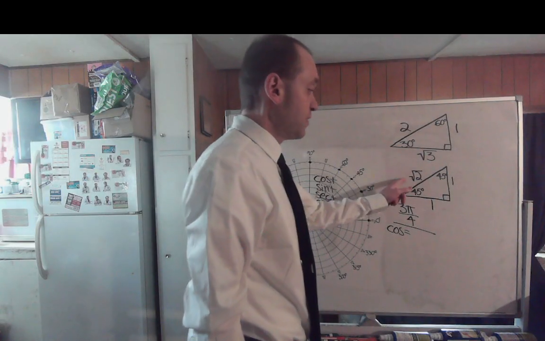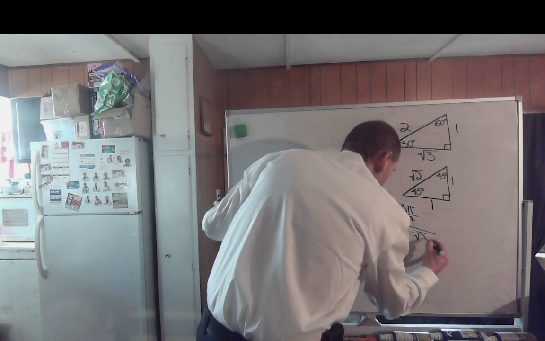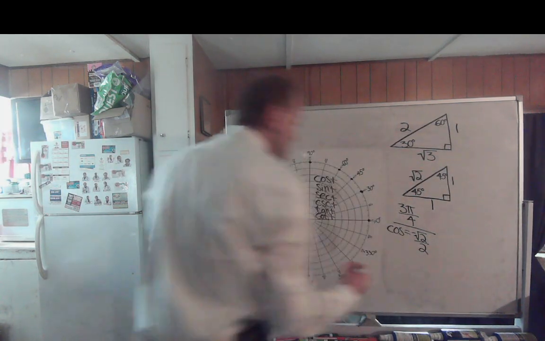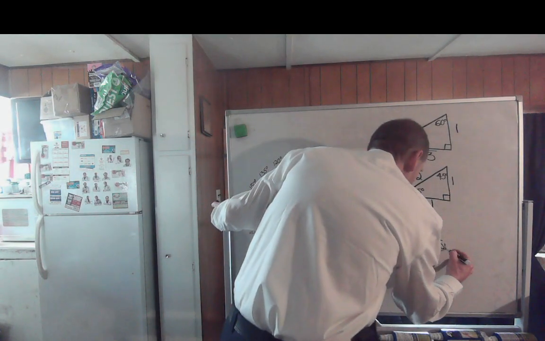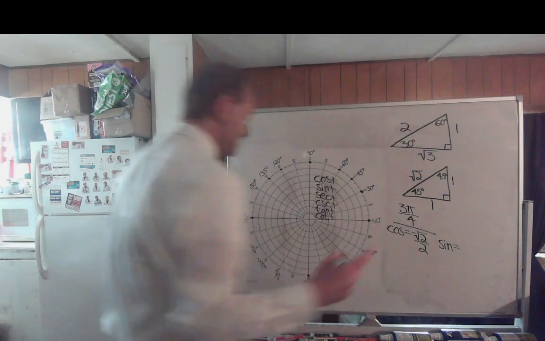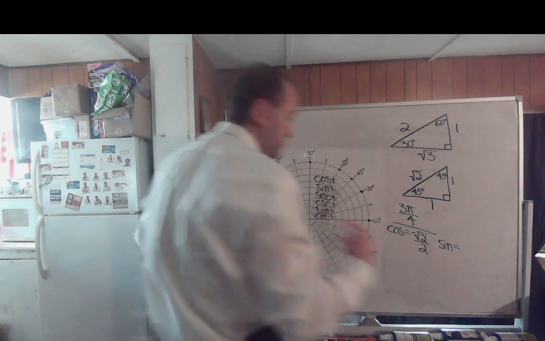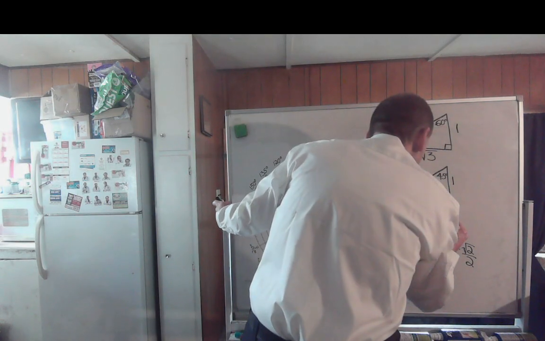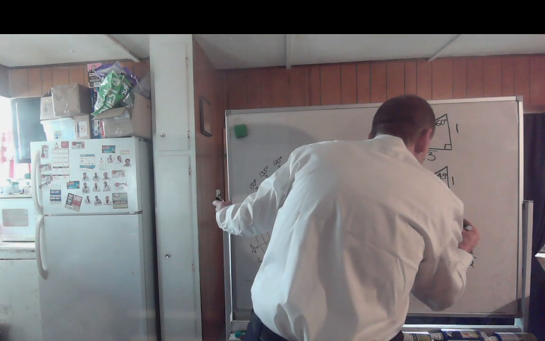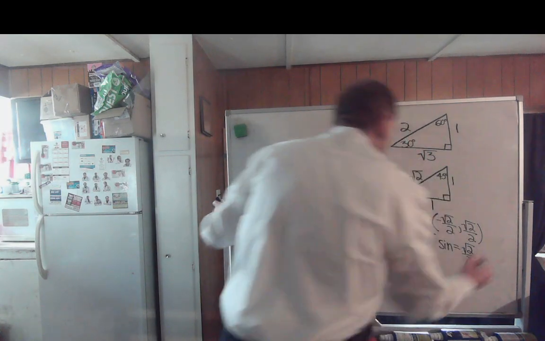So adjacent over hypotenuse, that would end up turning to negative of the square root of 2 over 2. And then, of course, you have the sine, which is your y-coordinate. Well, the sine is positive in the second quadrant, so that would be opposite over hypotenuse. That would be positive square root of 2 over 2. So your xy coordinates are negative square root of 2 over 2, then positive square root of 2 over 2. All right.